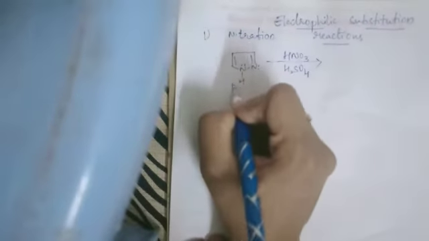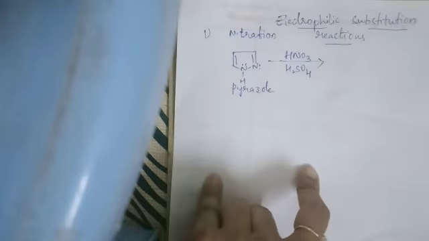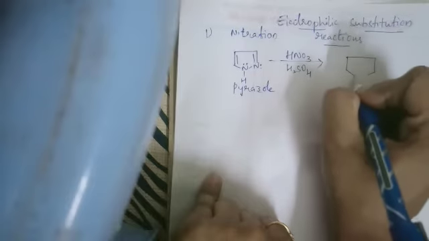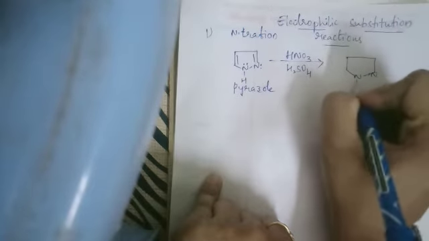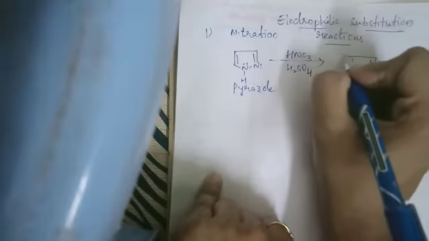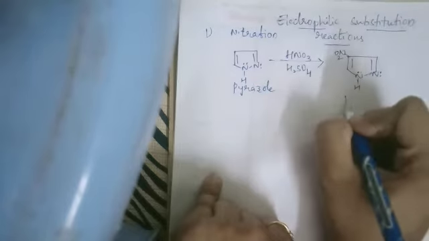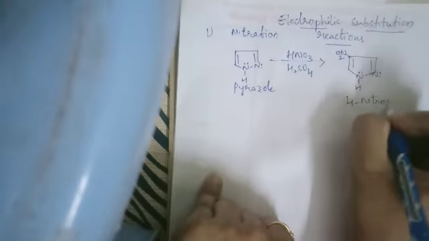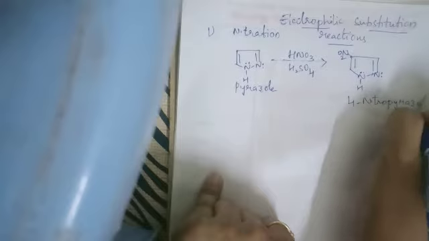Pyrazole reacts with nitration mixture H2SO4 and HNO3 to form pyrazole. Sorry, this is the product obtained. And one important thing, always electrophilic substitution reaction happens at the fourth position for the pyrazole.